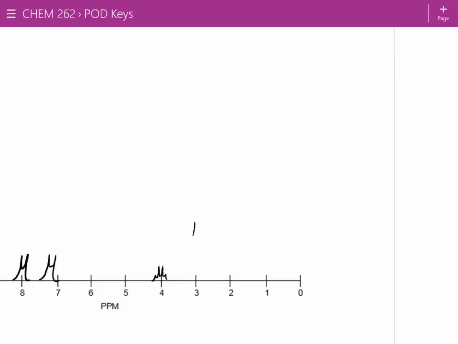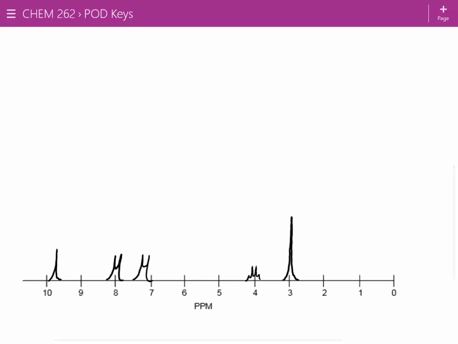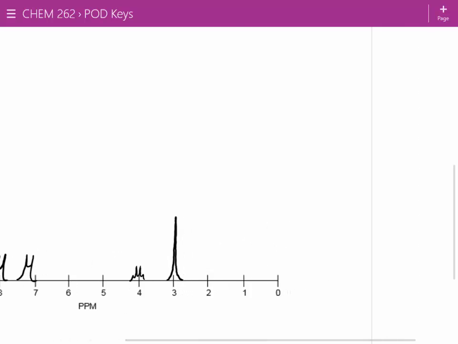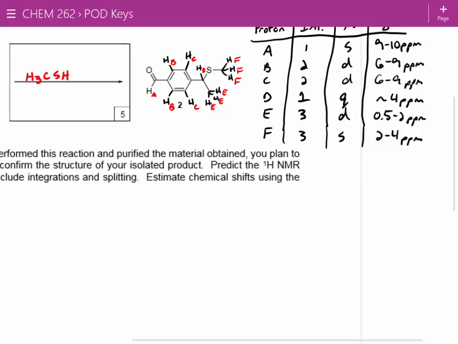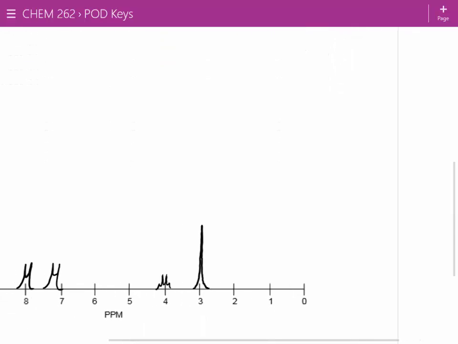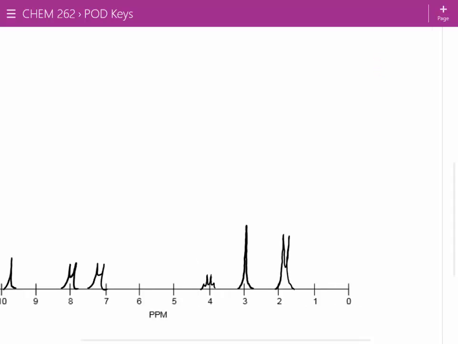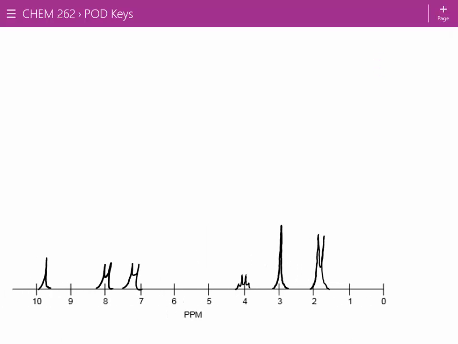Let me make that a little bit better. All right, so now we've got a peak that integrates at 3, and then we've got another doublet that we need to include between 0.5 and 2. So I'll put in a doublet right around there.